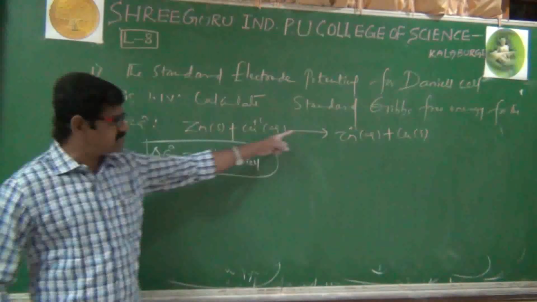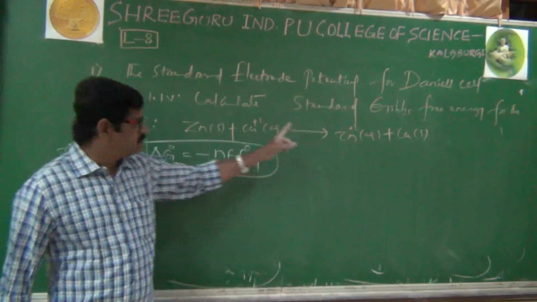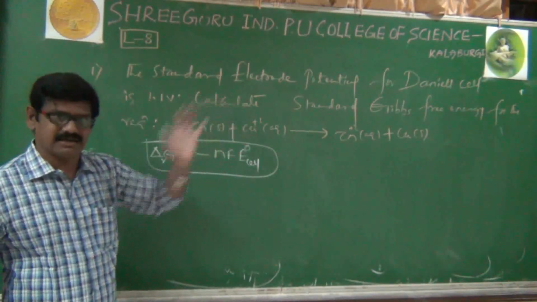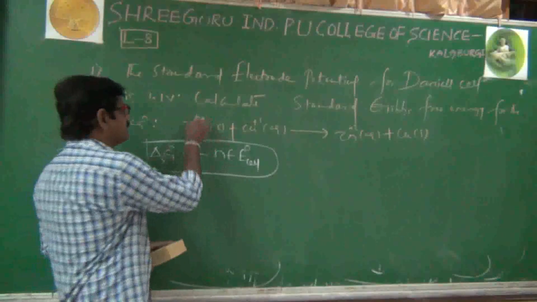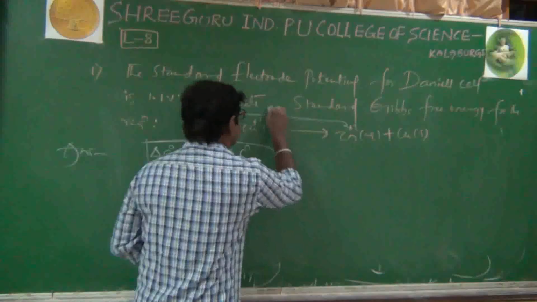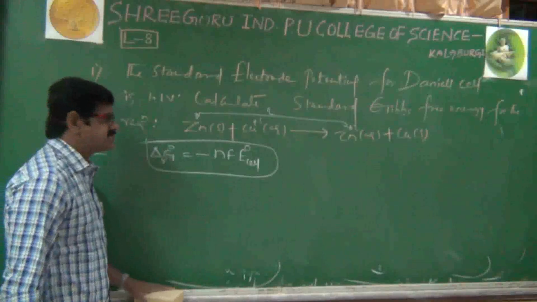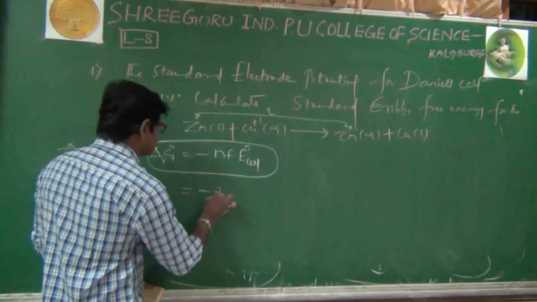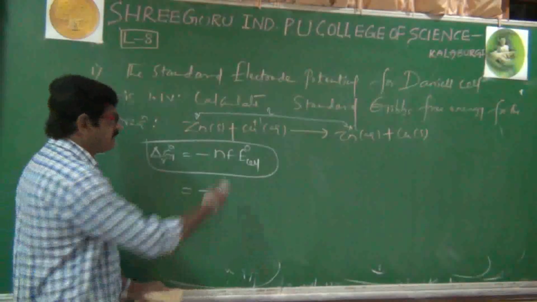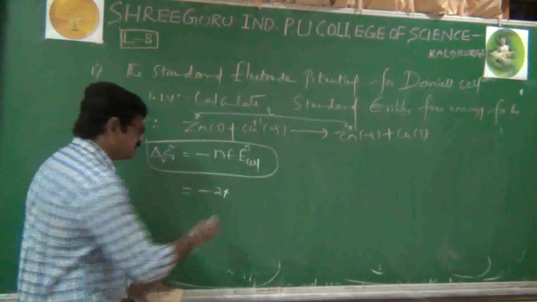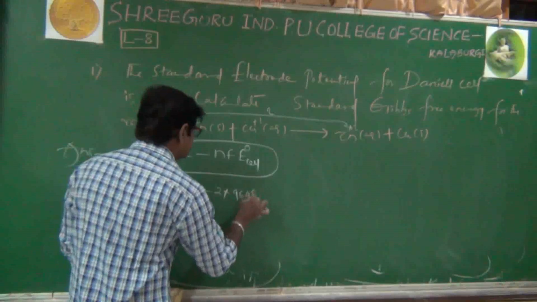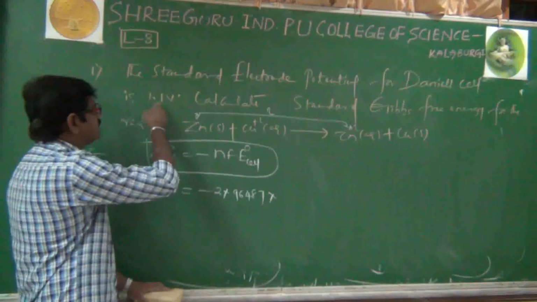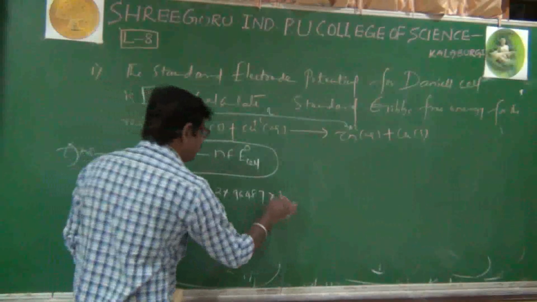Now why has this reaction been given? Very simple. By seeing the reaction, we can identify how many electrons are transferred. Here Zn is converted to Zn2+, 2 electrons, nothing but 2 moles of electrons are involved. Therefore, directly I am substituting here minus 2 into Faraday. 1 Faraday is nothing but 96,487 coulombs, into the E naught cell value already given in the question, only 1.1.